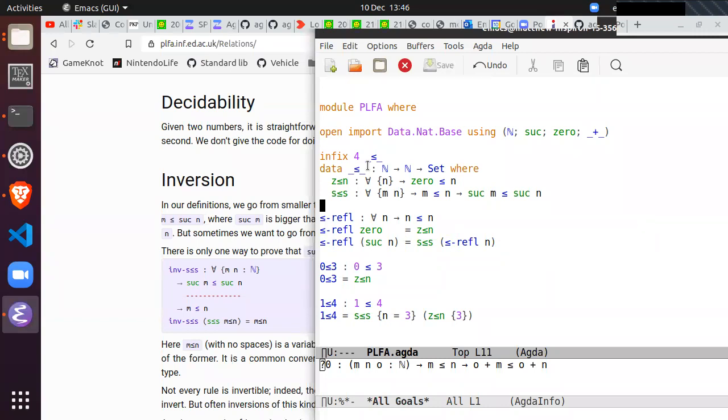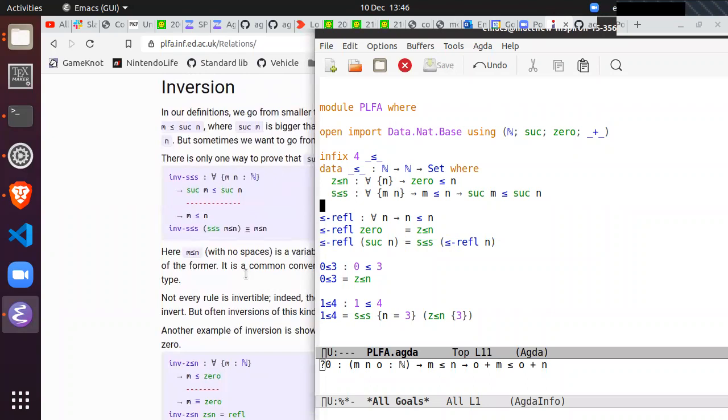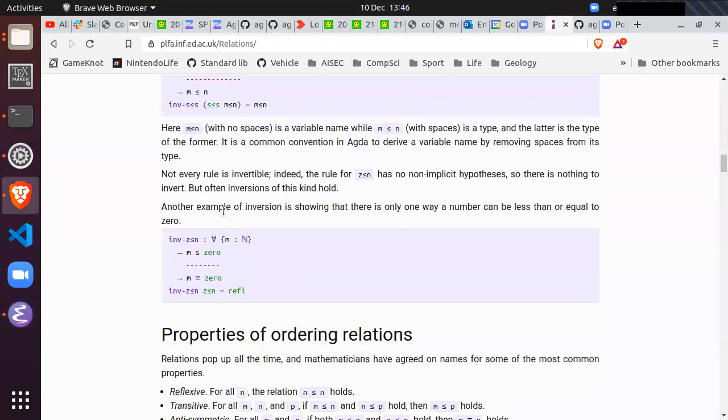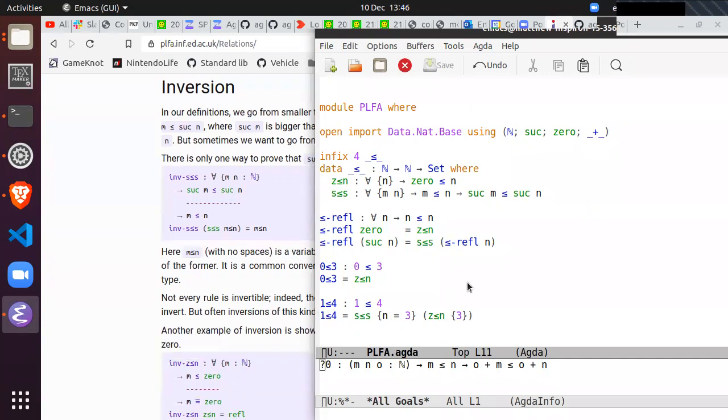So the decision procedure is separate from the definition of the relation itself. It is part of the proof of decidability. So what would decidability look like? It would be a proof.